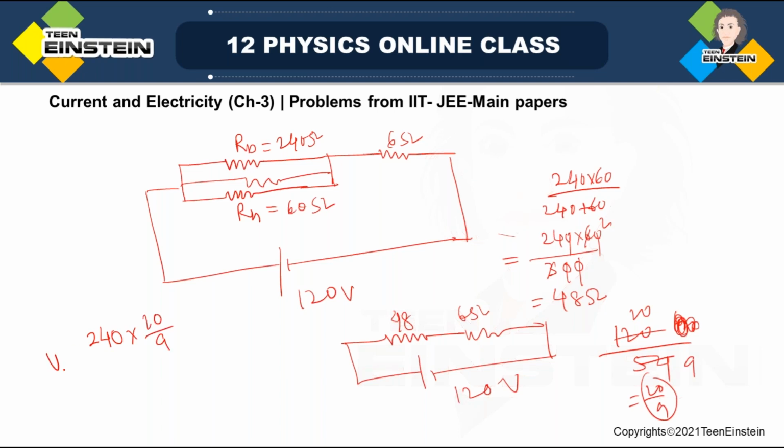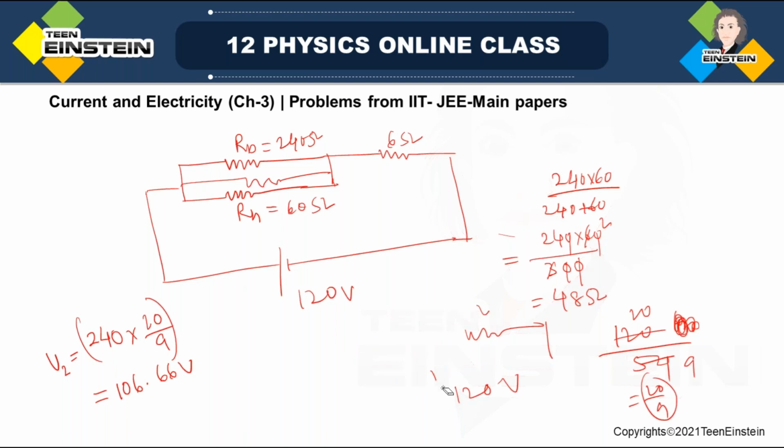This is the bulb when the parallel connection was given. If you calculate neatly, approximately it will give you this much voltage.